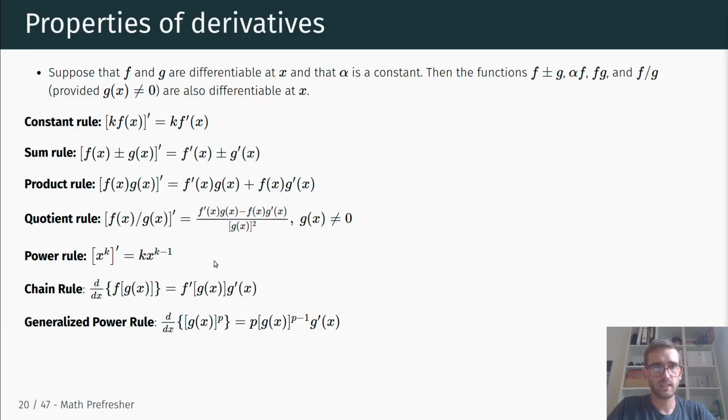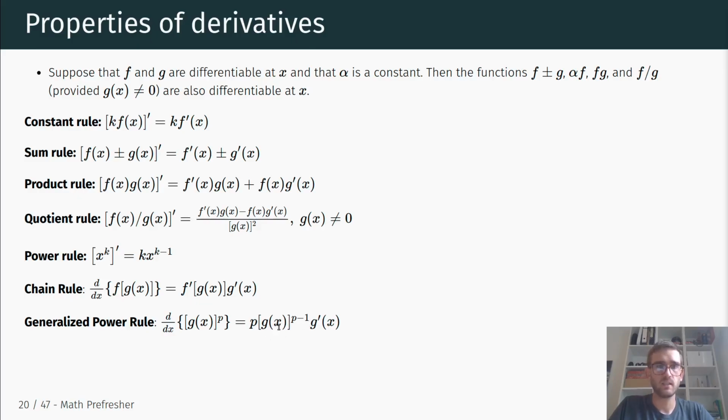And then we have the generalized power rule. If we have g of x to the power of p, not just x to the power of k, here we have to use both the power rule and the chain rule. So we have on the one hand the derivative of the outside function, which is p times g of x to the power of p minus 1.